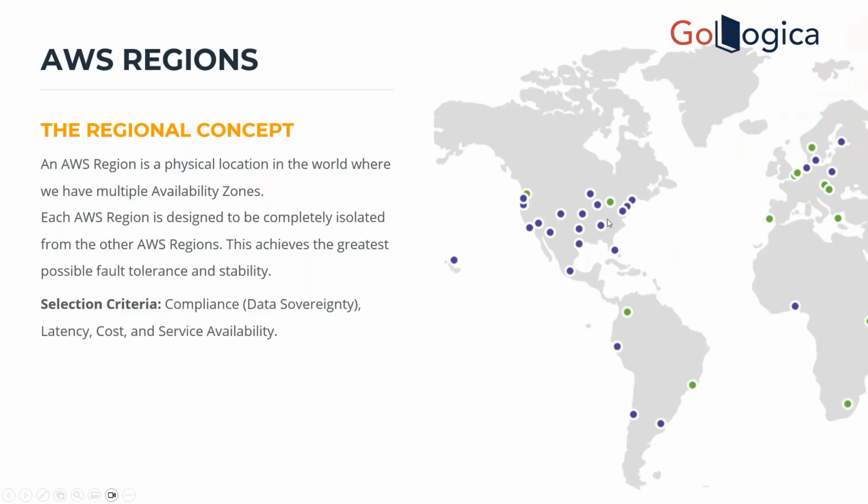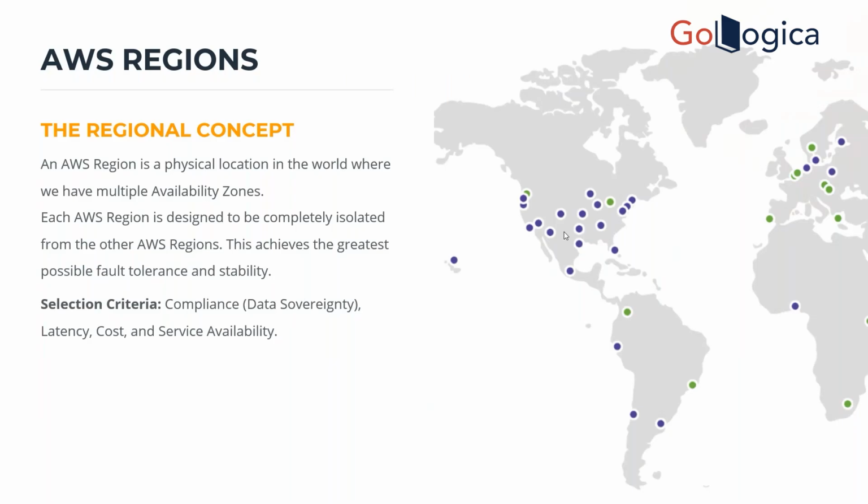So one blue dot and another blue dot are not dependent, or interdependent. If one of the regions goes down, it will not impact the resources in the other region.